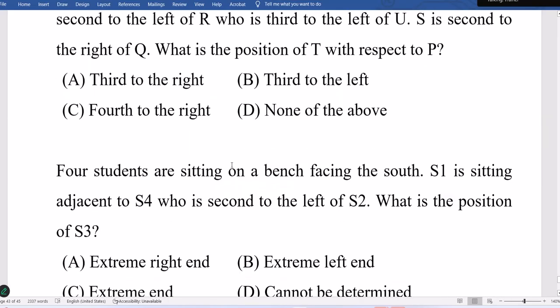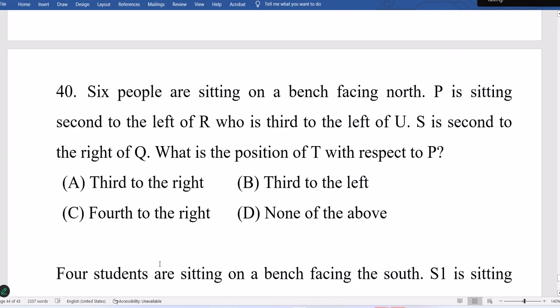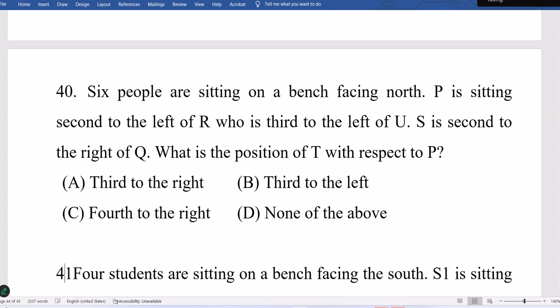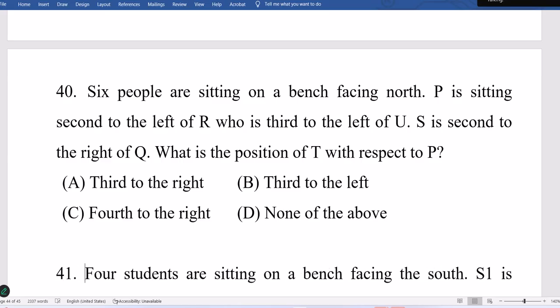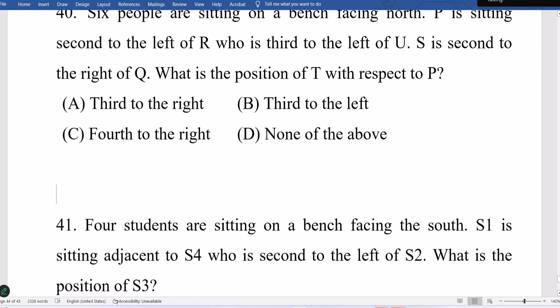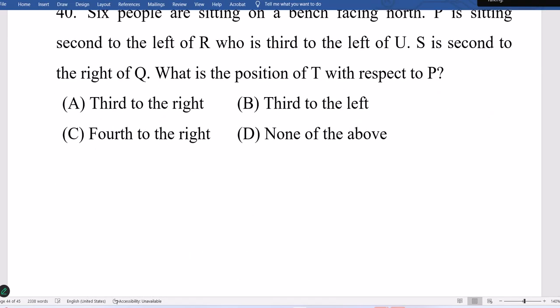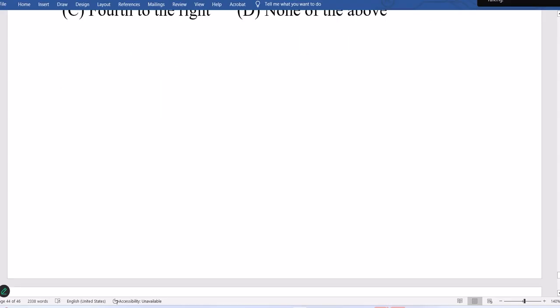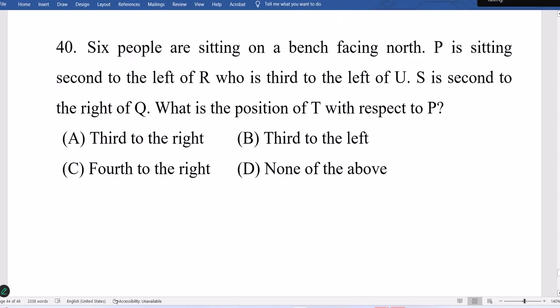Now see 40. Six people are sitting on a bench facing north.